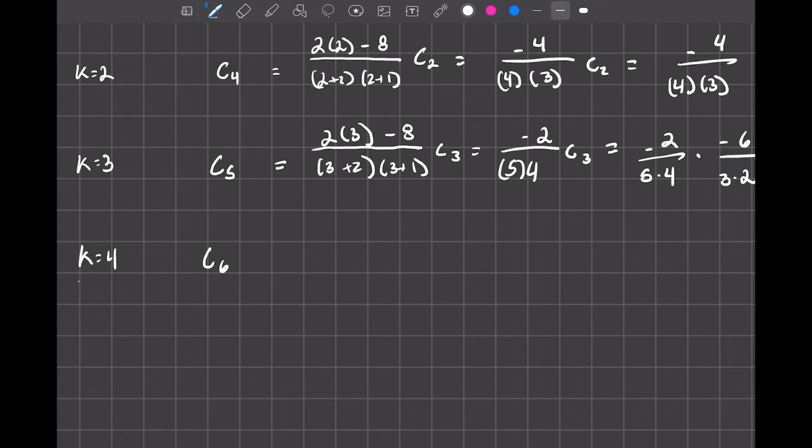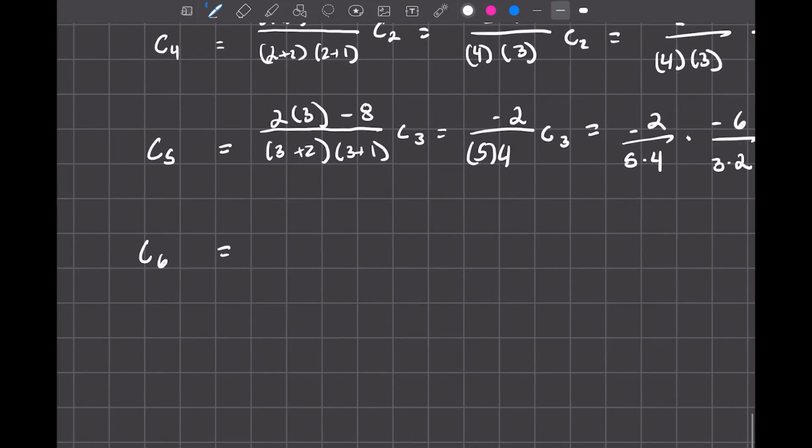Moving on to K equals 4, that'd be C sub 6. Plug in the numbers again.